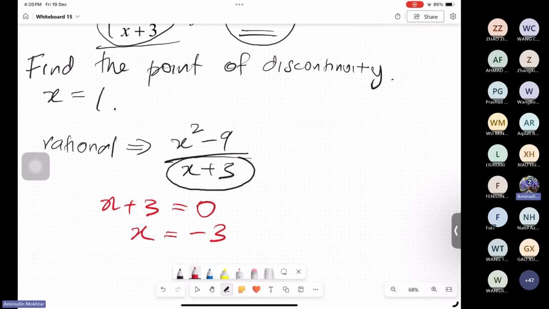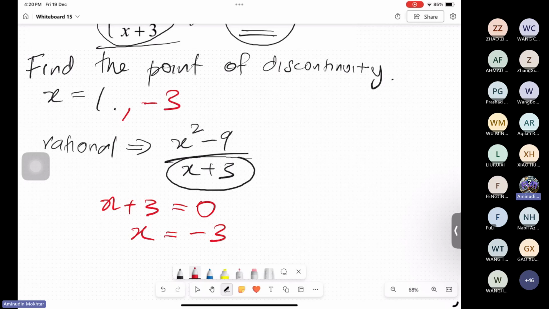That's the tip: find the value of x that, substituted into the denominator, makes it 0. So the second point is x equals negative 3.